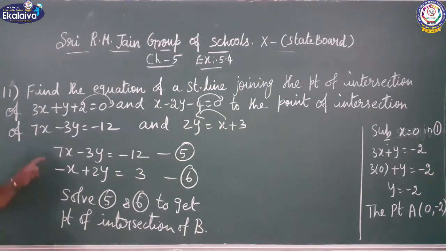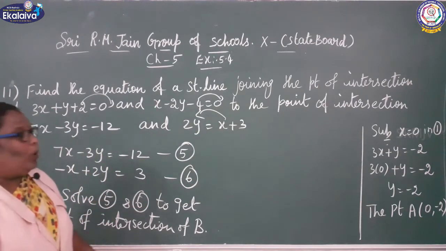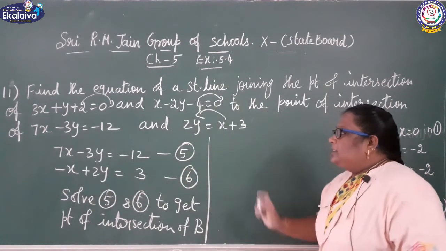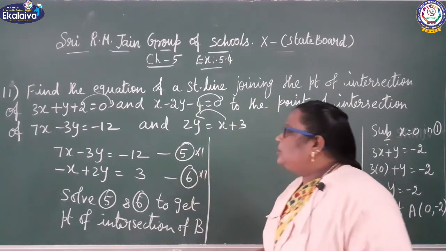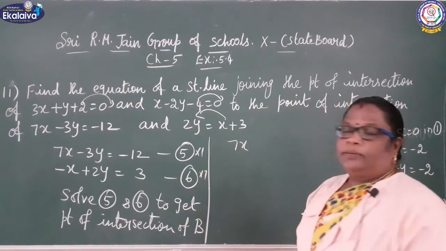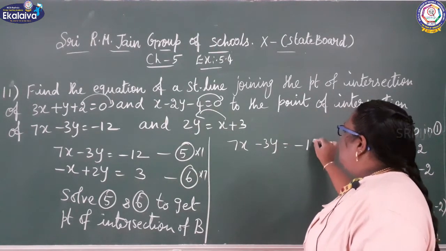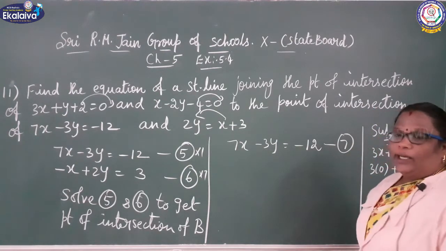Take the fifth and sixth equations. Multiply this equation by 1 and this equation by 7. So 7x minus 3y equal to minus 12, take it as the 7th equation.